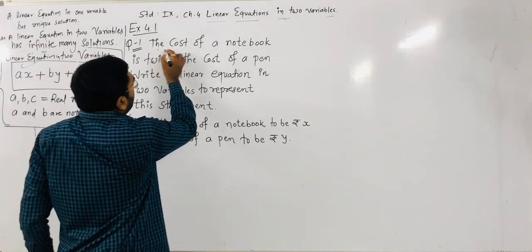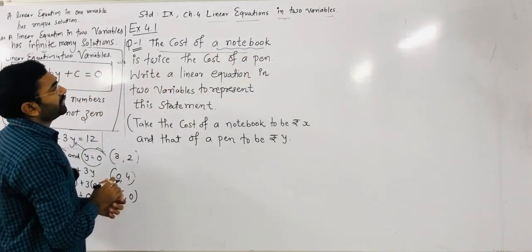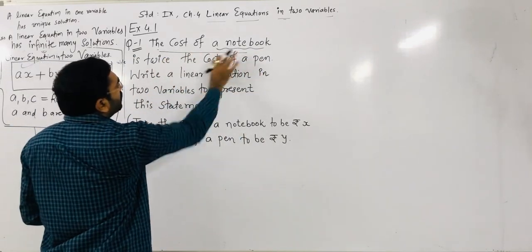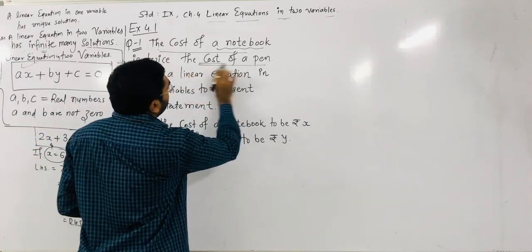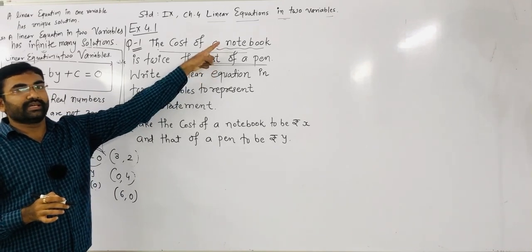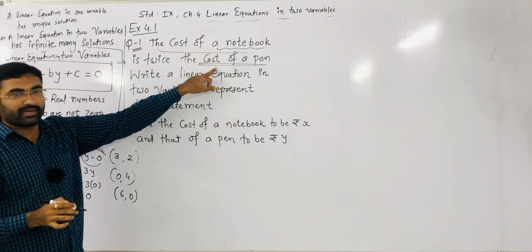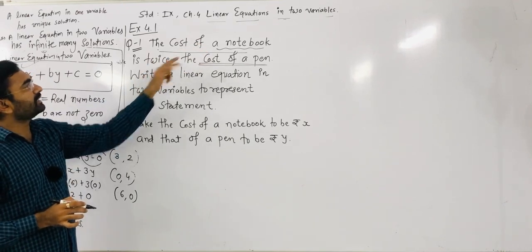The cost of a notebook is twice the cost of a pen. So the notebook cost is greater compared to the cost of a pen. Why? Because they mention the cost of a notebook is twice the cost of a pen.